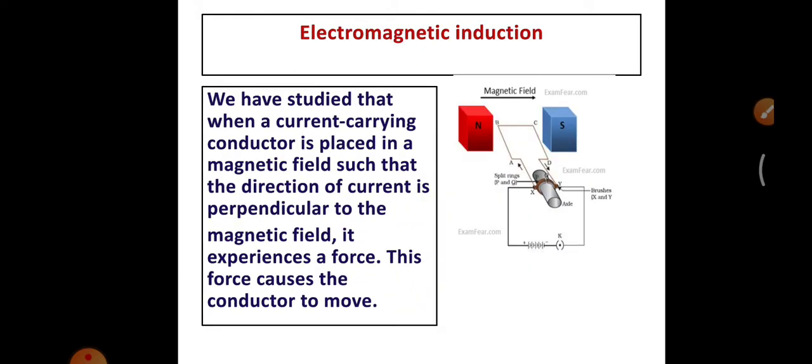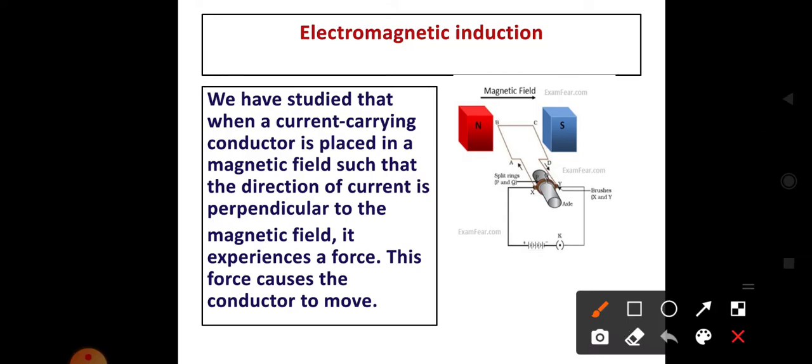The next topic is electromagnetic induction. Any idea about electromagnetic induction? We have studied that when a current carrying conductor is placed in a magnetic field, see, this is a current carrying conductor placed between the magnetic field such that the direction of the current is perpendicular to the magnetic field.